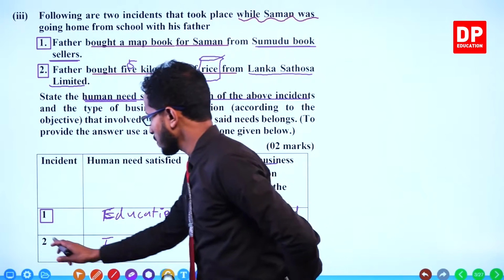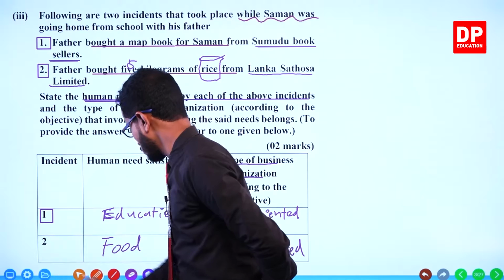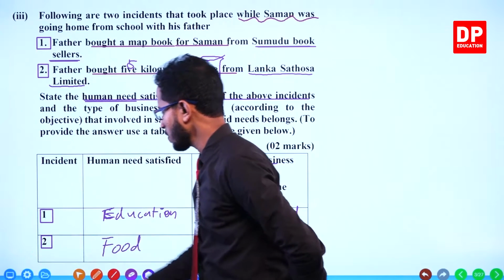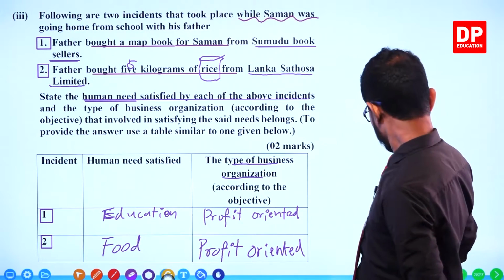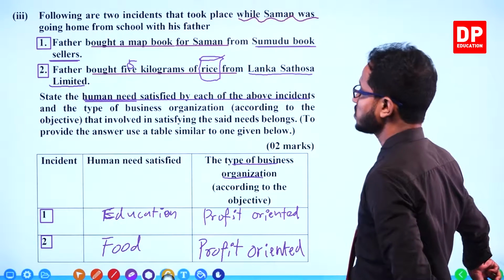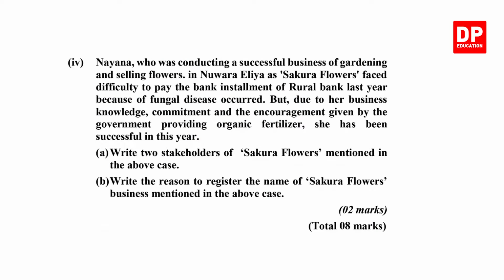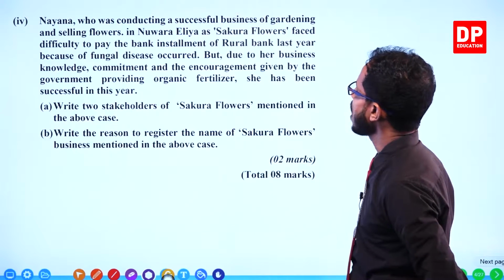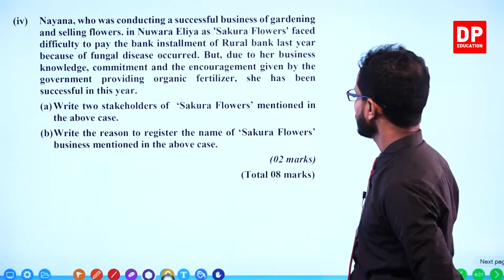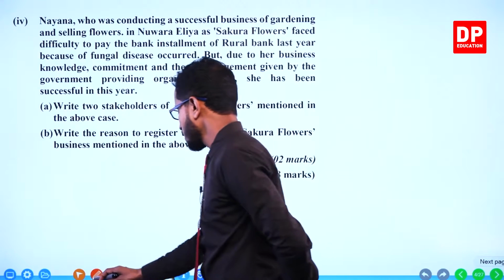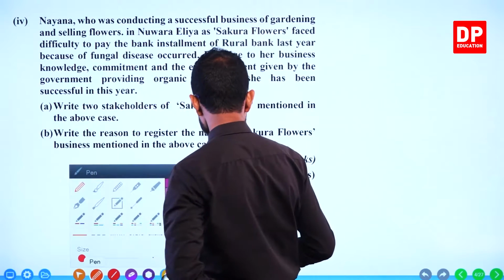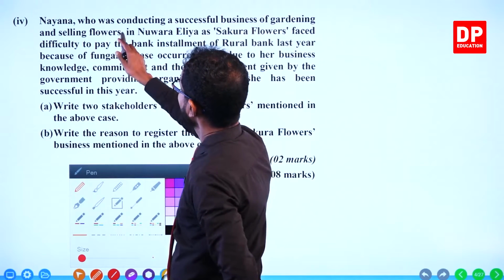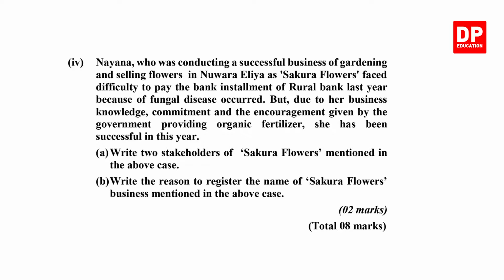Next. Second is also done now. Last question. Nayana, who was conducting a successful business of gardening and selling flowers in Nuwara, Sakura Flowers.